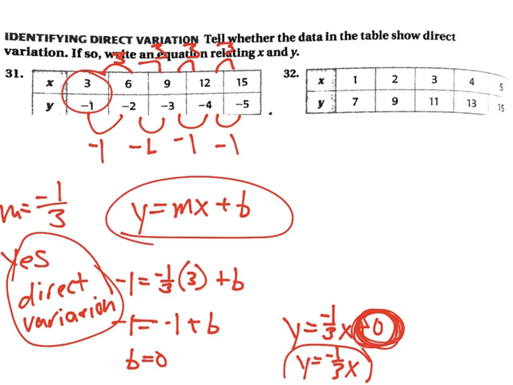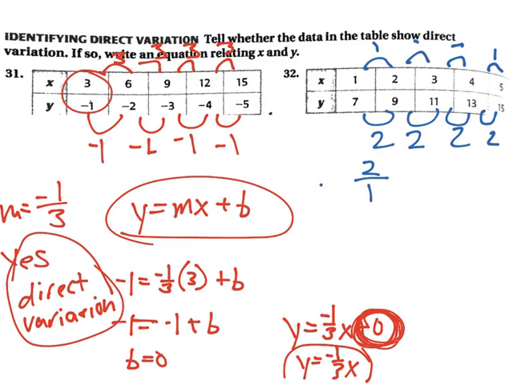Okay, if I went over here and did this one, my rise is 2, my run is 1, therefore 2 over 1 is my slope, or just 2. If I plug in this first point right here, I would end up with 7 equals m, or 2, times 1 plus b.